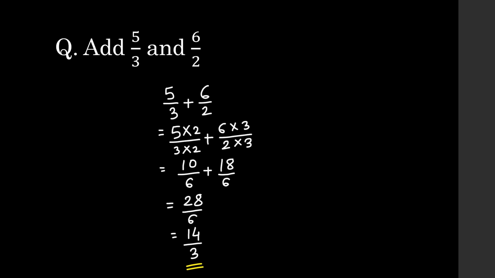Now both denominators have become the same, that is 6. So 10 upon 6 plus 18 upon 6. Since the denominator is the same, we can add the numerators as it is. So 10 plus 18 gives 28 divided by 6. Further, if we simplify, we get 14 upon 3.